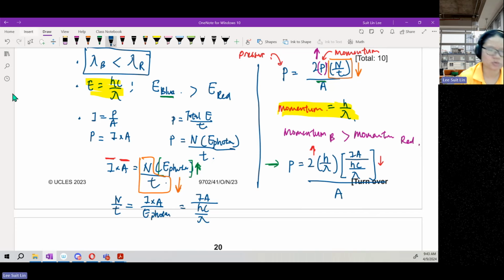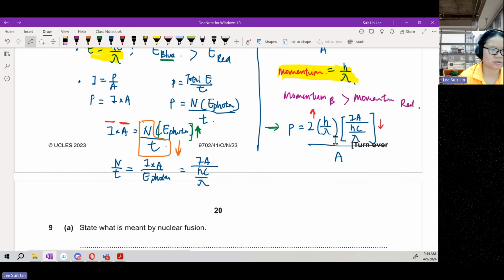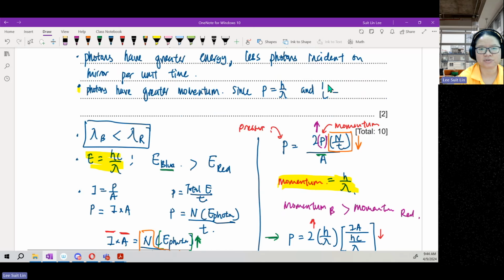Regardless, it's just one mark. This is the type of mark that we want to squeeze out of the students. But anyway, photons have greater momentum since p is equal to h over lambda, and n over t is the number of photons per unit time. Energy is this.